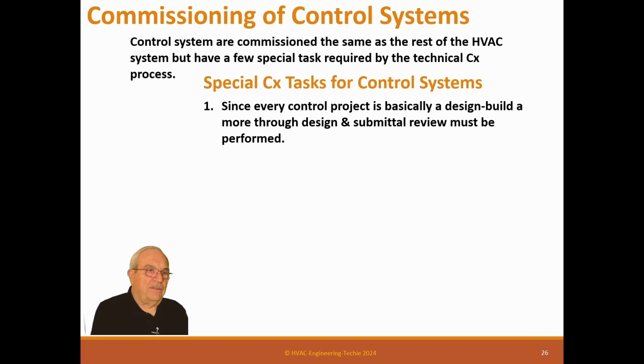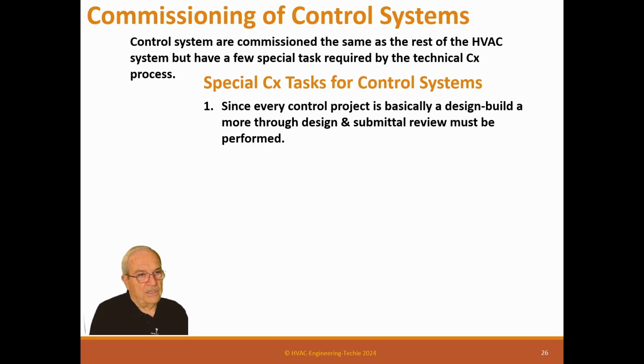The problem here is that mechanical designers, engineers, cannot know every detail about every possible control system on the market. They're basically laying out a performance contract in their documents. They're saying this is what we want it to do. These are the standard sequences we want, but we're not going to argue about a lot of stuff because there's a lot of stuff we don't know.